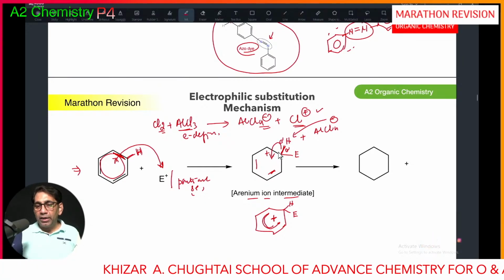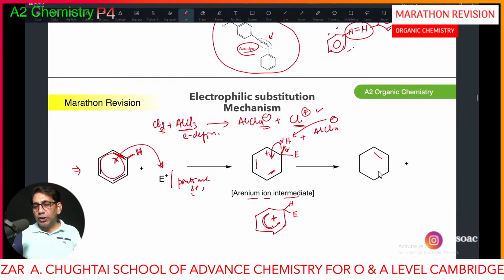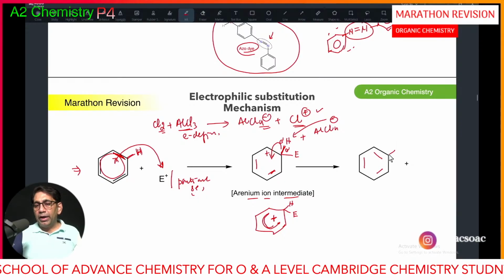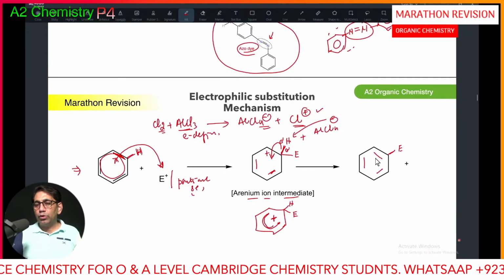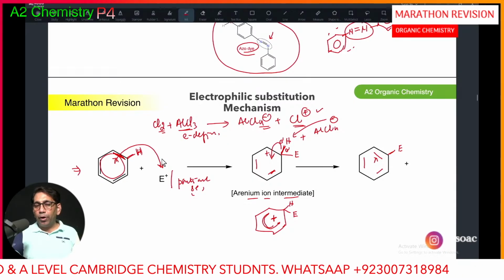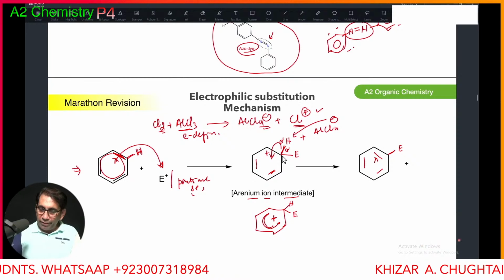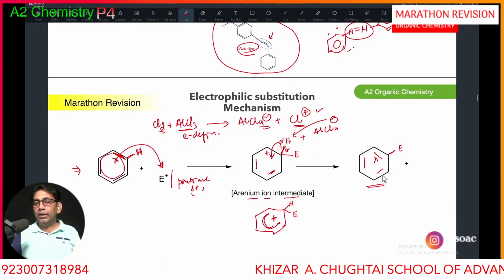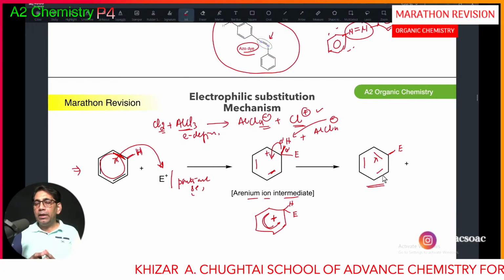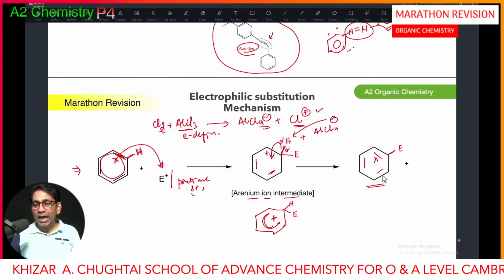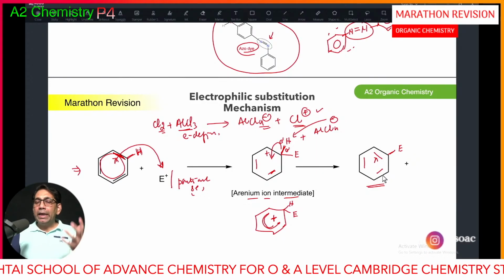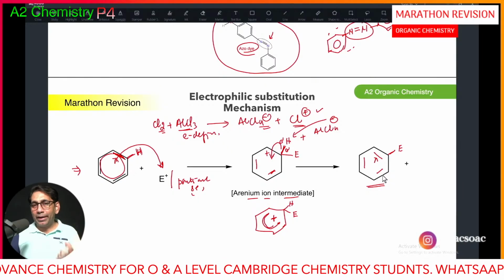Initially it is a sigma bond, and when it is shifted back, it has changed back into a pi bond. So initially the pi bond was changed into a sigma bond, now the sigma bond has been changed back into a pi bond. And in this way, this benzene has a new life. It has restored its aromatic character now.